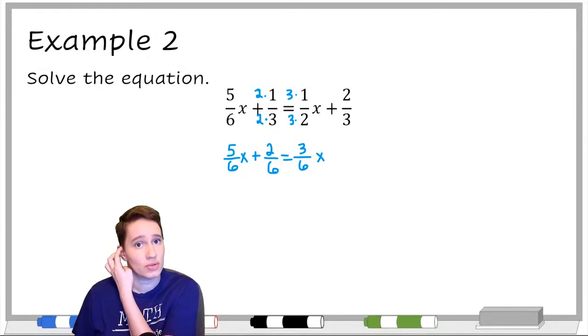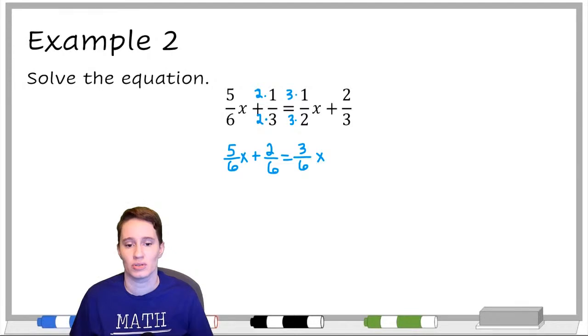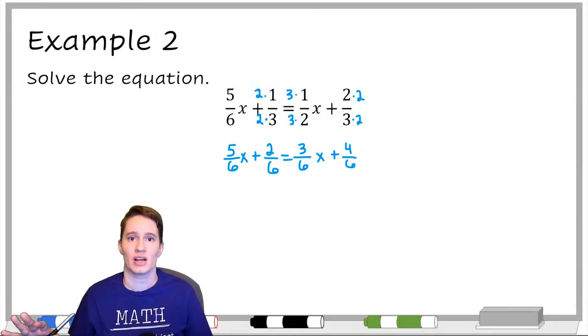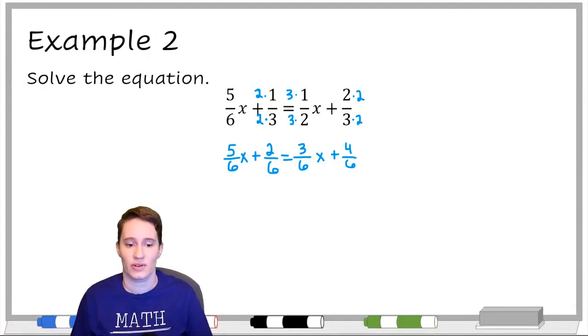And then the 2/3 needs to be multiplied by 2 on the bottom. So that gives us 4/6. So now that everything has a 6 on bottom, we get rid of all of the denominators and say this is just 5x plus 2 equals 3x plus 4.